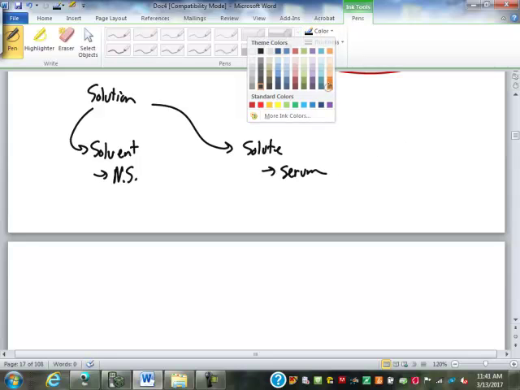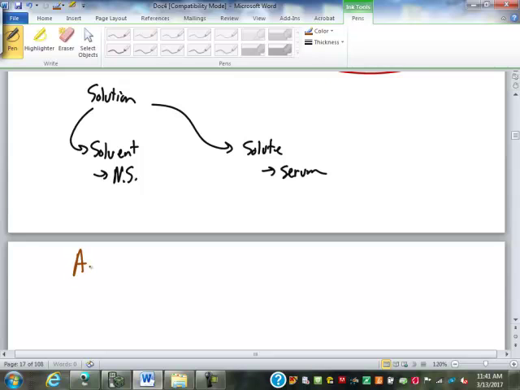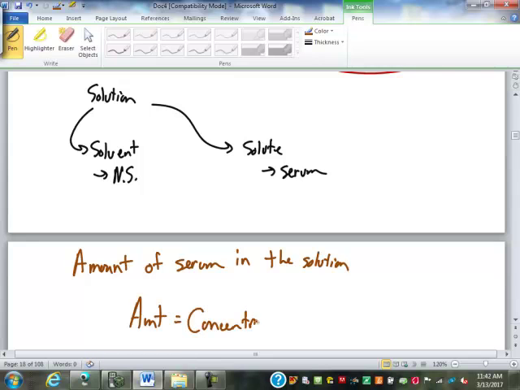And if you recall, the amount of that active ingredient, so the amount of serum in that solution, was equal to the concentration times the total volume.